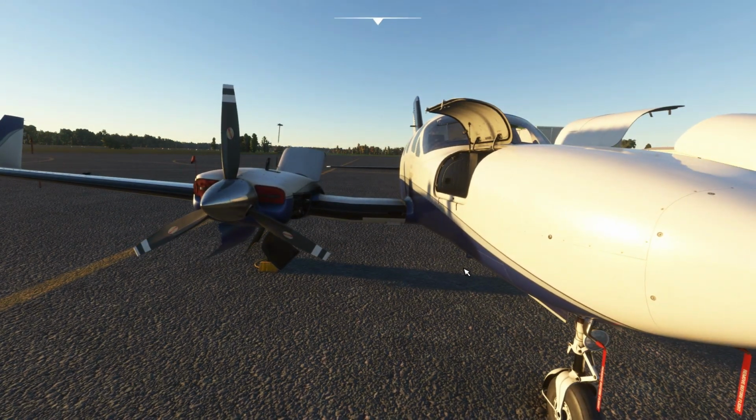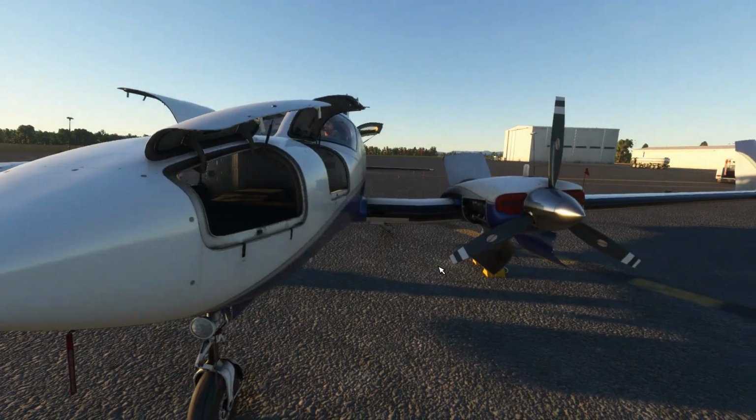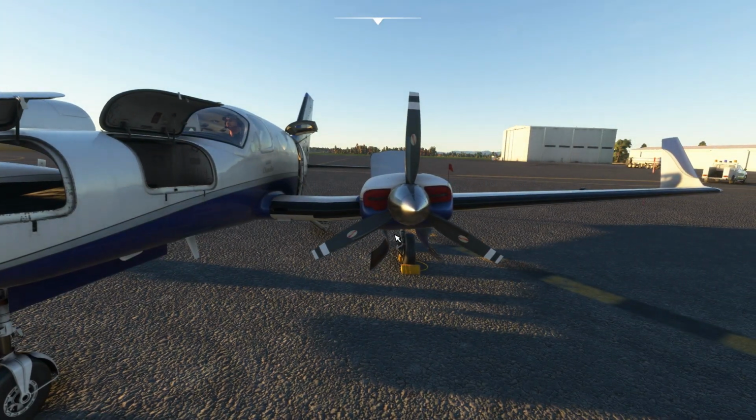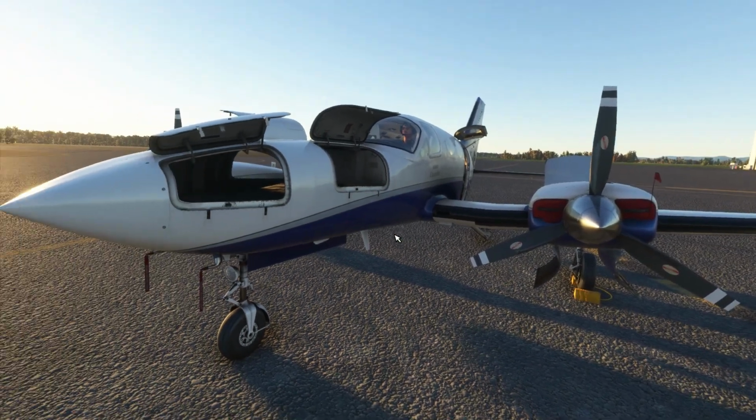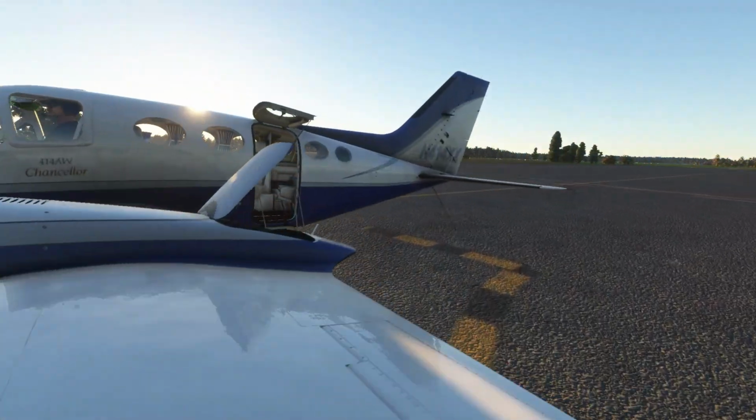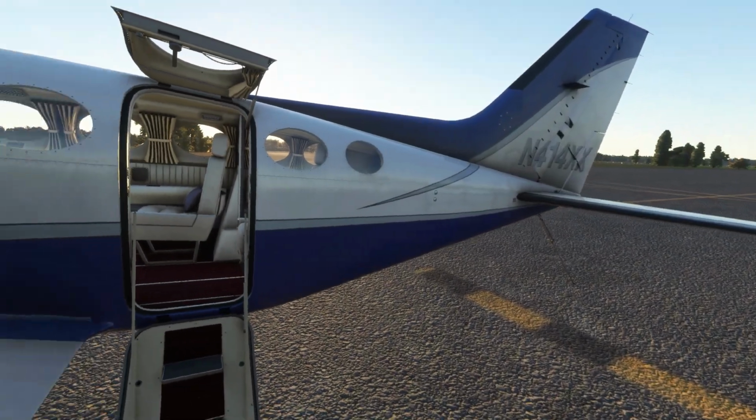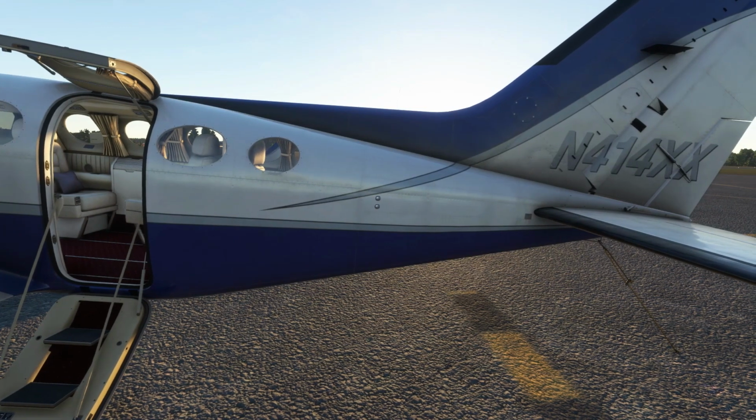By the way, I haven't found the static ports in this aircraft. I have a POH that is for a similar 414, and they should be somewhere after this.